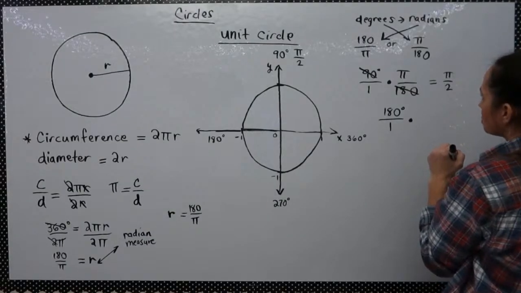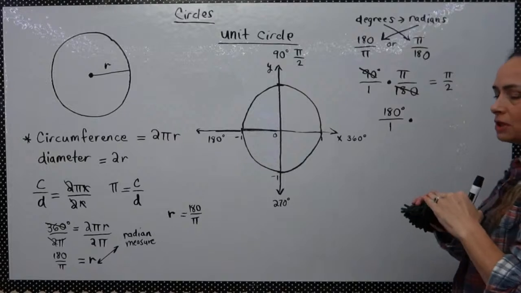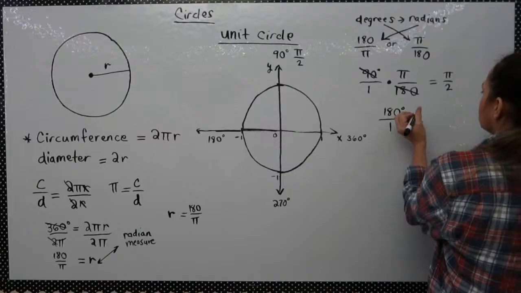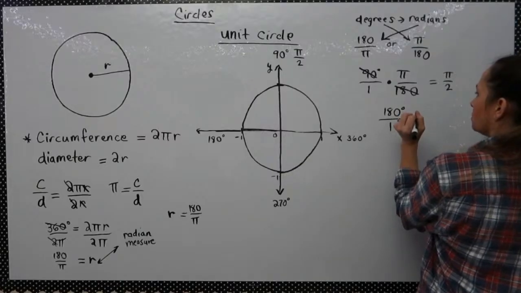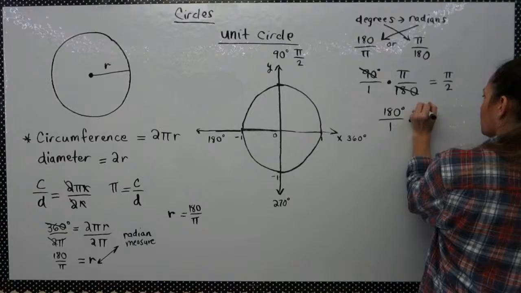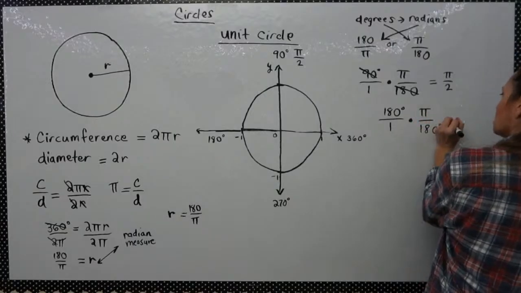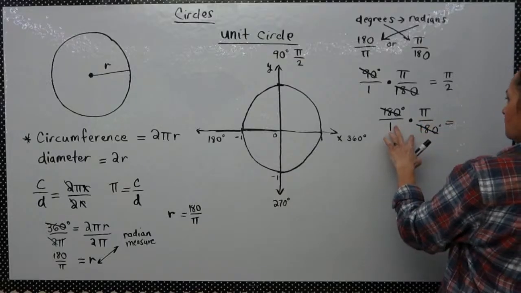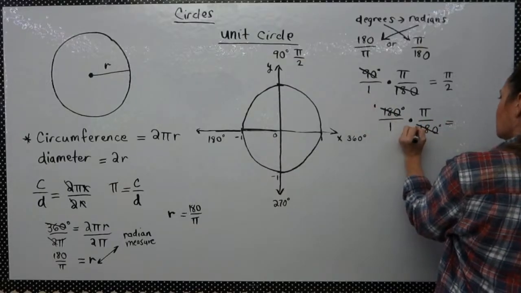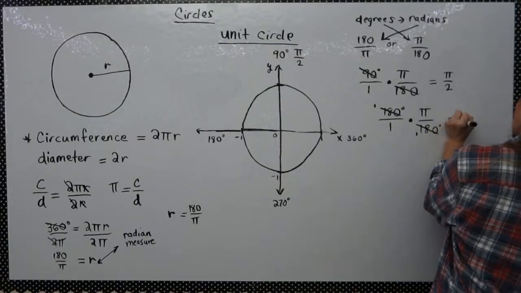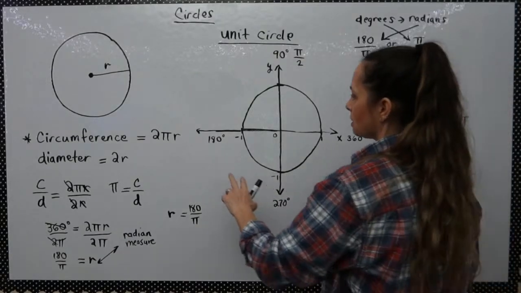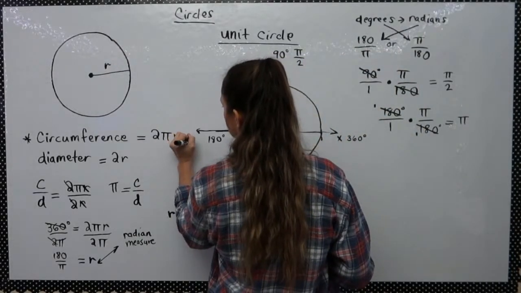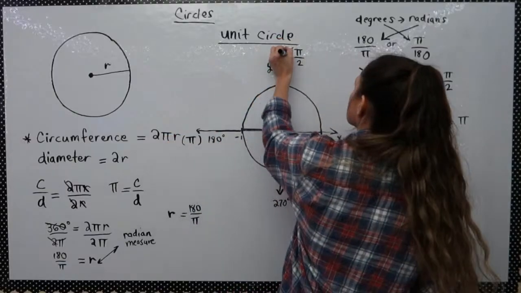But you always want to make sure that whatever unit you're ending up with is going to be in your numerator, and then you probably won't mess it up. So I'm going to do 180 degrees and multiply by pi over 180 for my radian measure. And then the 180 degrees, they'll both cancel evenly because 180 divided by itself is just equal to 1. And then you end up with pi. So then over here, 180 degrees is also pi. We'll just put parentheses.